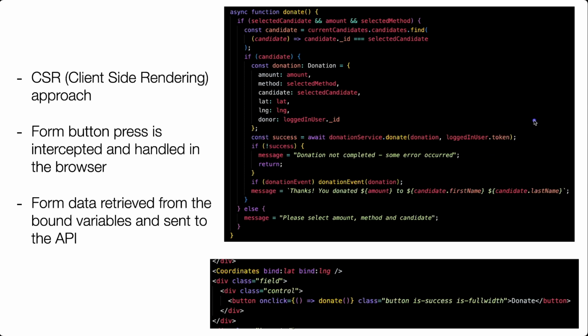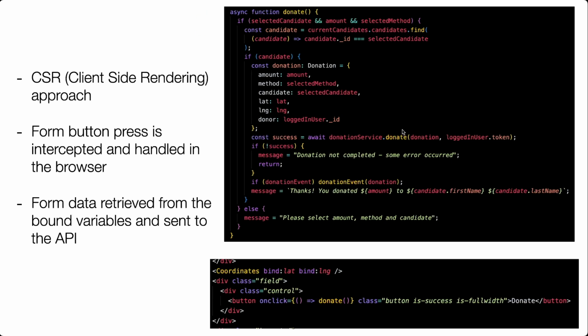So we're doing that here using the logged in user token. So we're calling from the browser and invoking donate directly on the API. The whole event is triggered by the on-click event handler. So we're calling the donate function down here with a simple button that when the user presses it, we're going to invoke that function.